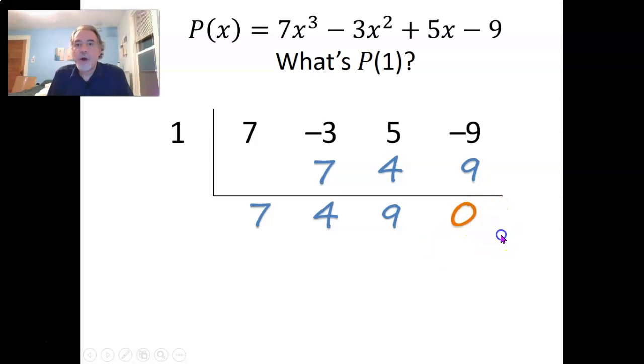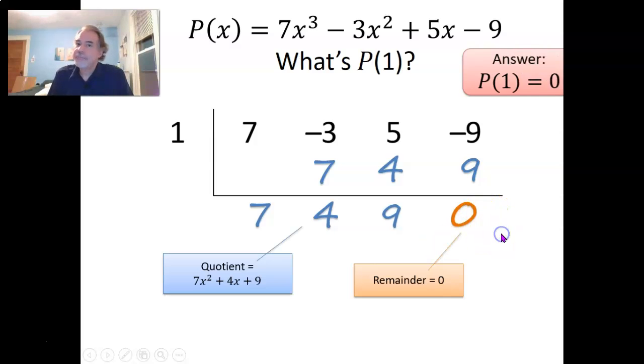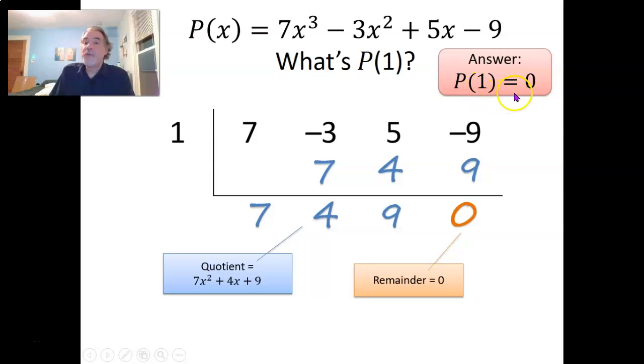So what's p of 1? It's what we got for the remainder. p of 1 equals 0. And because p of 1 equals 0, that means that x minus 1, which is what we were dividing by, is a factor of this polynomial.